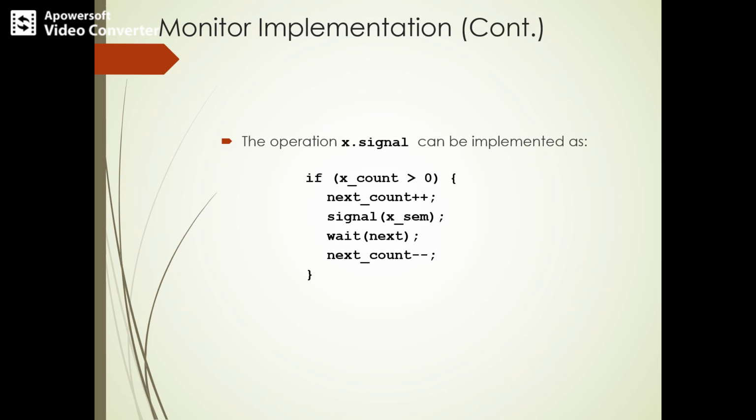Only if the count is greater than 0, you increment the count and say that the suspended process has to be executed, and the next suspended process which was waiting in the queue must wait until the previous suspended process has completed its execution. So next_count will be decremented, which says that one suspended process has already completed its execution.